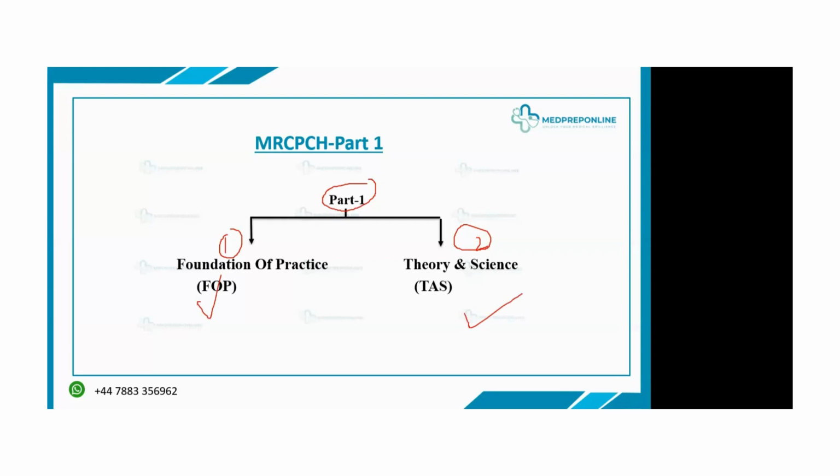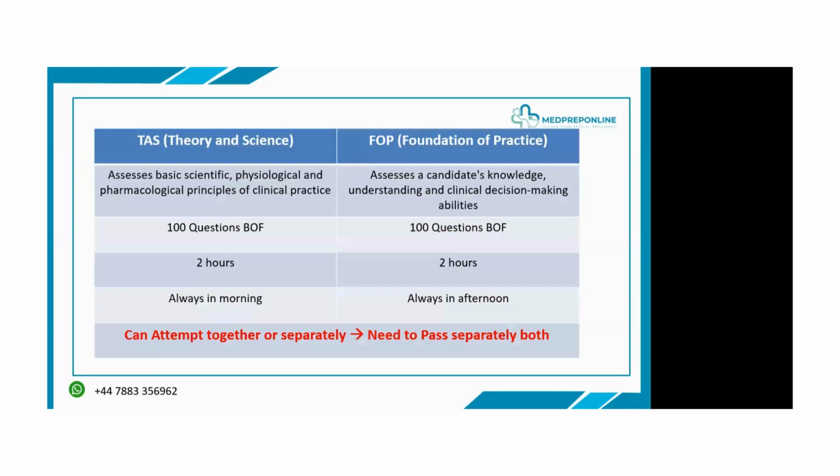So it is possible that if you attempt both together in one day, you may pass Foundation of Practice but fail Theory and Science, and then you have to reattempt TAS again. Be very clear about that, because in the AKP you also have two papers, but you have to pass them together. It is different for FOP and TAS, which you have to pass separately.